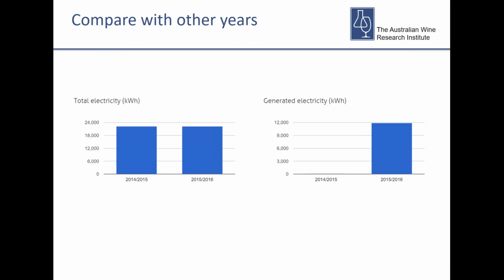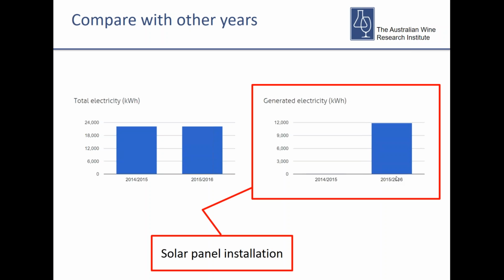But one of the other good pieces of information, especially in this example, is I thought we'd look at total electricity. You can see here that for this particular example, total electricity is almost exactly the same between 14-15 and 15-16. But the difference you can see is that for generated electricity, there was nothing last year, but this year there's been a significant amount of electricity generated, and this is because there was a solar panel installation put in to support the vineyard.